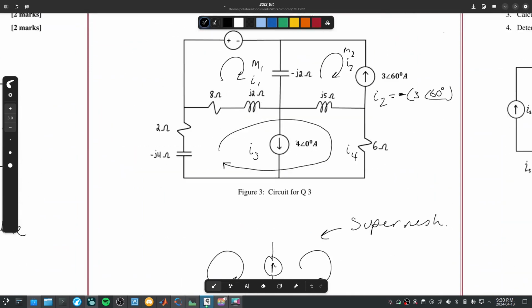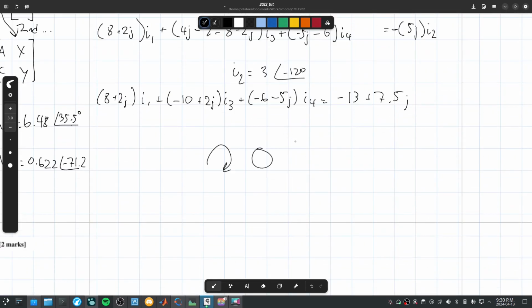So what's that? That's for the phasor of 0 going down. This is 4 with a phasor of 0. This is I3, and this is I4. So, let's draw this a bit more clearly. On the left side, we have I3 going down like this. And on the right side, we have I4 going up like this.